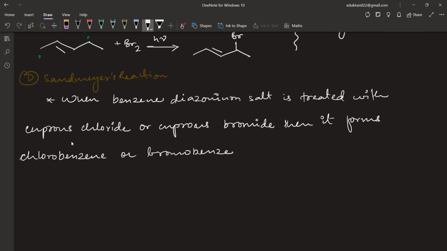So some books it is written like Cu2Br2. Some books it is written CuBr. Why is it so? Cu2Br2 is equivalent to CuBr only, no? Actually, the formula is Cu2Br2, but we write it as CuBr. CuBr has a property of dimerizing.